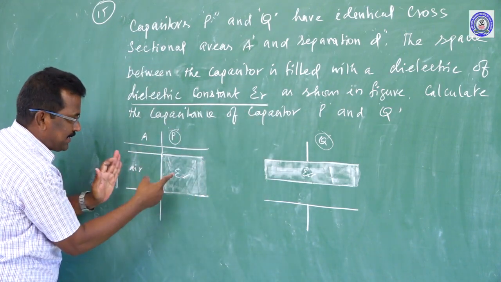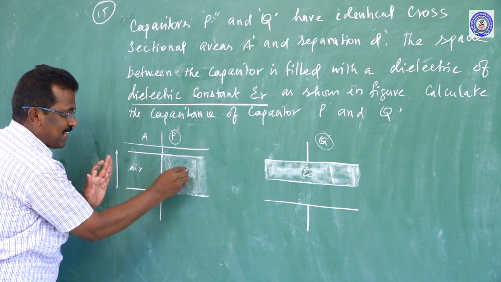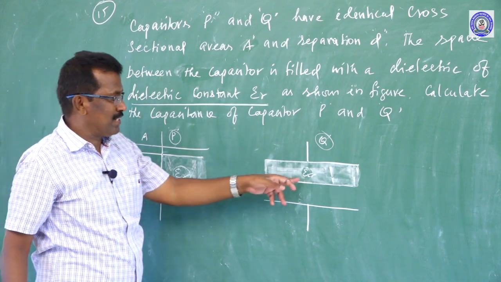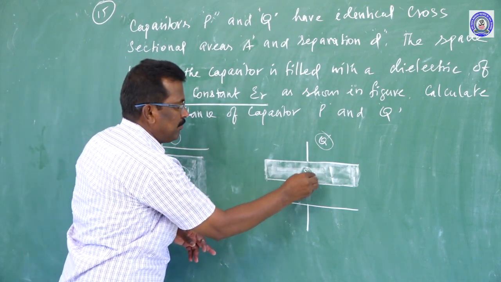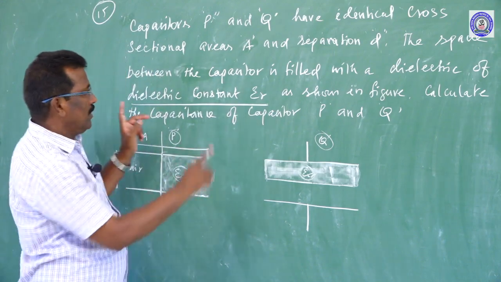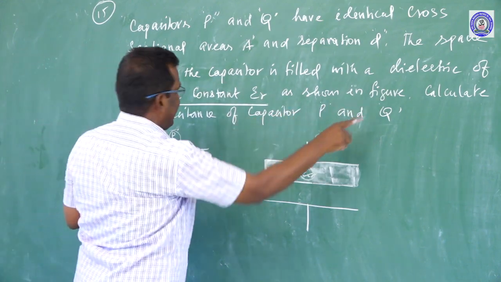In this capacitor, it is partially filled with dielectric epsilon r. Here also partially filled with epsilon r, but at a different position as shown in the figure.